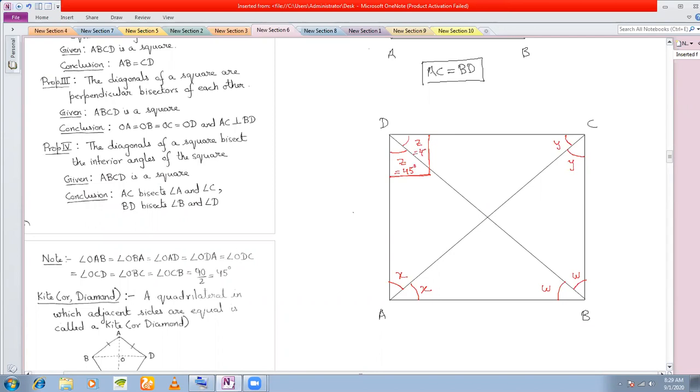This angle must be 45 degrees. Only in the case of a square can you say this. This angle is 45 degrees. This angle is 45 degrees. This is 45. This is 45. And similarly, this must be 45 and this must be 45. Any question with this property?